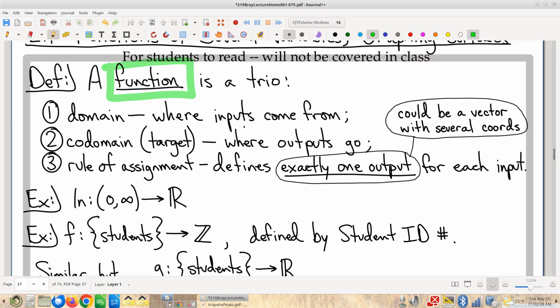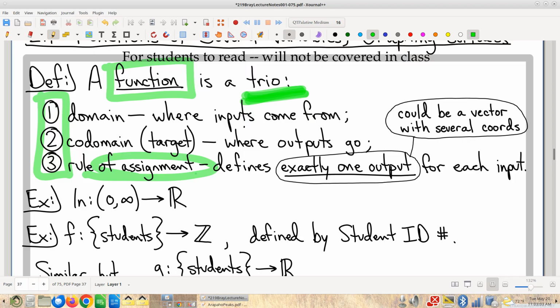And it's not only too narrow, but it's also just not enough. A function is actually a trio. It is a group of 3 things. So an input space, an output space, and then we will broadly call the rule of assignment. This is what is typically thought of as the formula, but it might not be a formula.